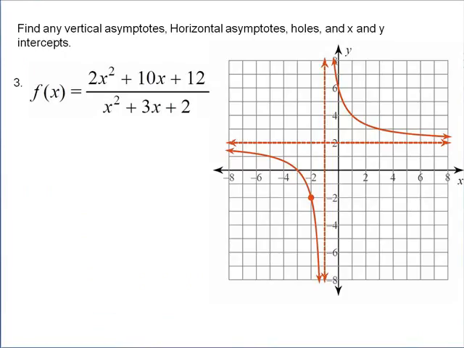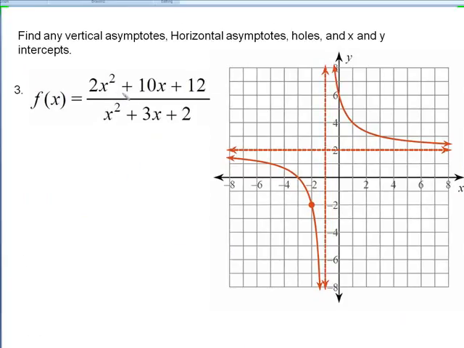Over here we're going to find everything. Let me first factor this. It looks like the problem we just did. We have 2, x squared plus 5x plus 6, so we end up with x plus 2, x plus 3. This was the example we did earlier.